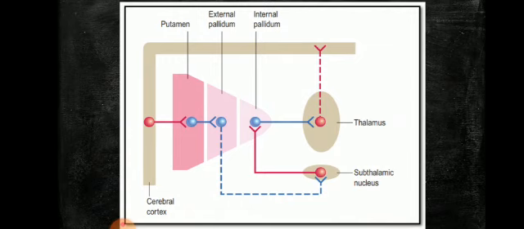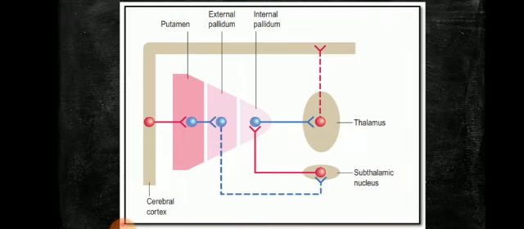Now from the putamen, the second set of fibers. See, the direct pathway, if you can recollect, from the putamen fibers directly ended on the globus pallidus internal. But here, the putamen is connected to the globus pallidus internal, but not with a direct fiber. What's happening here is, from the putamen or the striatum, a small set of fibers arises and ends on the globus pallidus externa.